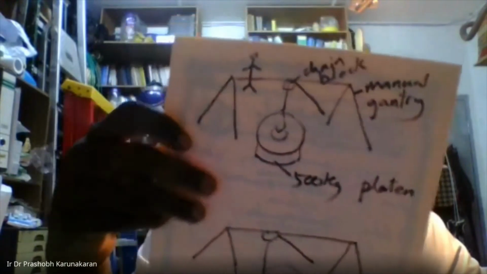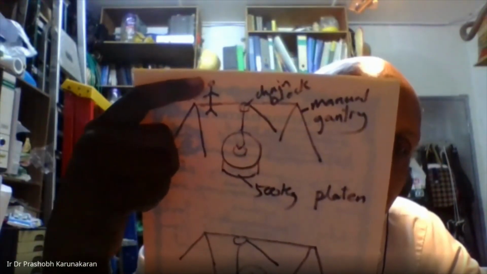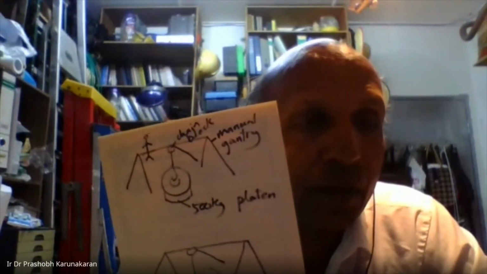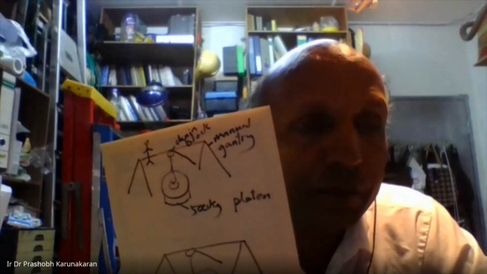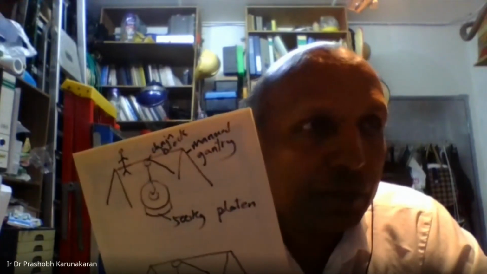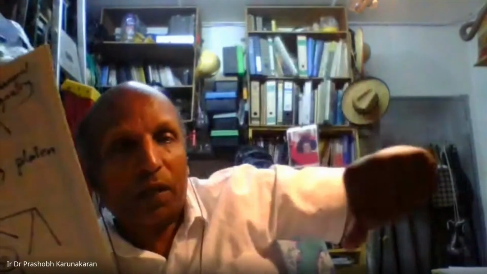So this guy was badly injured, full of blood. Everyone thought he was dead. And then he went to hospital for many months, and finally came back to the factory. And then he approached me and said, "Prashobh, they asked me to go for operation," because his hand can only go up to here, cannot go further up.